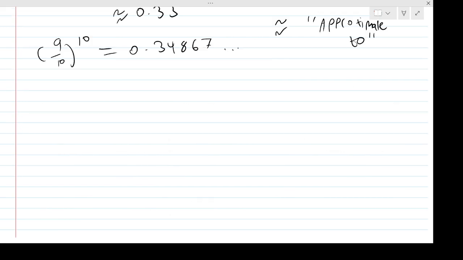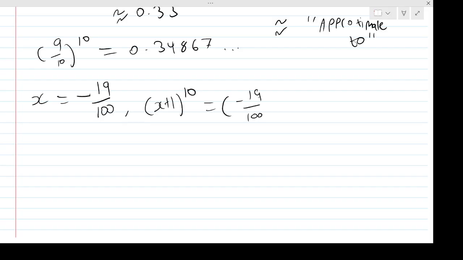Now suppose instead let's take a value of x. Let's say x is minus 19 over 100. Might seem a bit random, but you'll see in a second. Then the bracket (x + 1)^10 would be minus 19 over 100 add 1, to the 10.